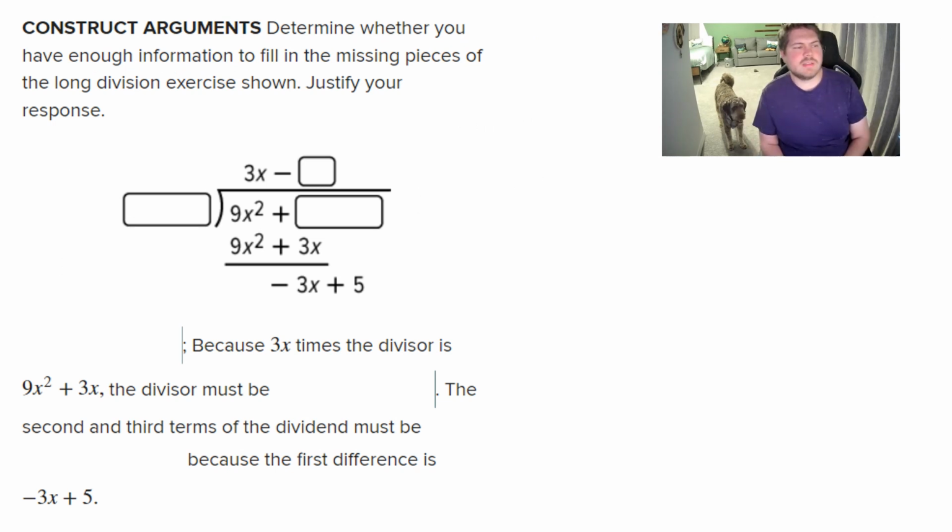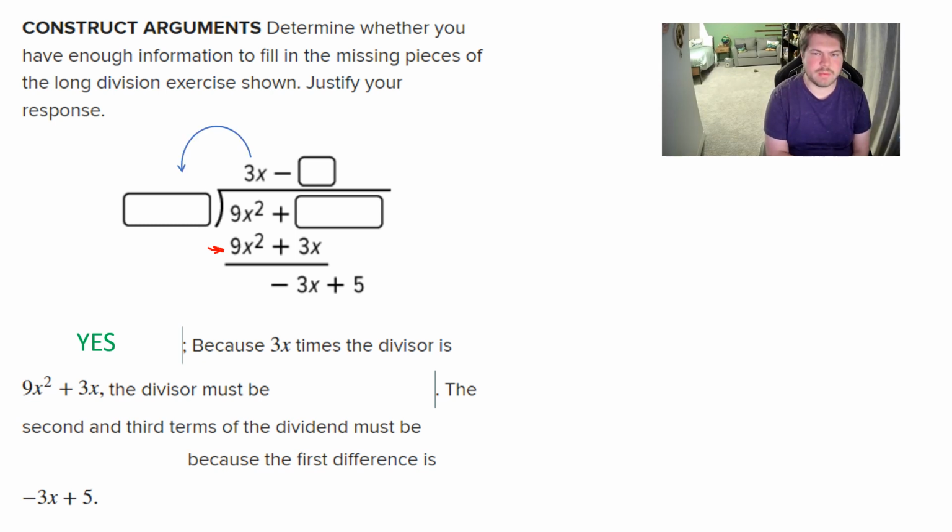This one is slightly more complicated, but it's still doable. You just have to think a little bit. So I guess to start it off, yes, we can fill in these missing pieces. That's because we have this information right here, basically, because we know 3x times whatever was right here would give us 9x squared plus 3x.